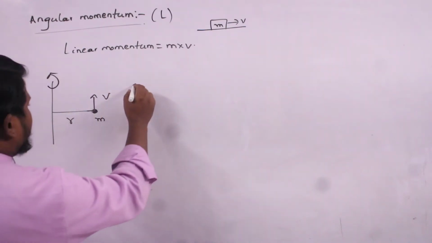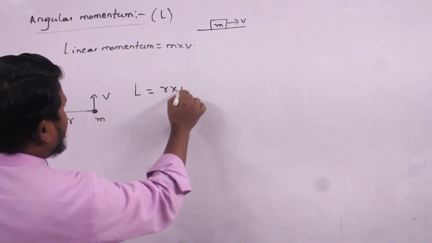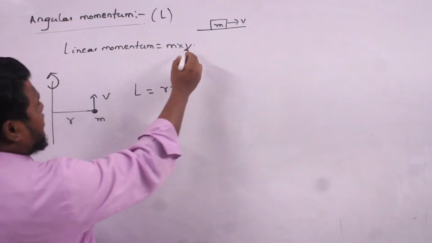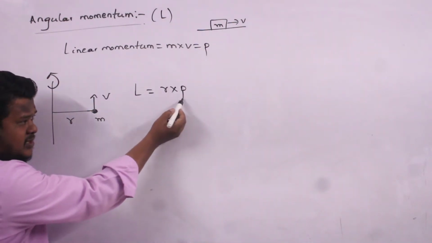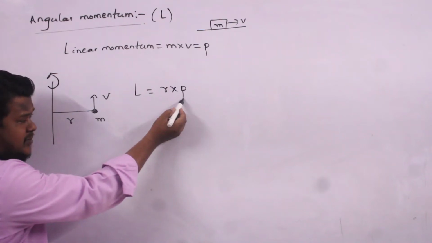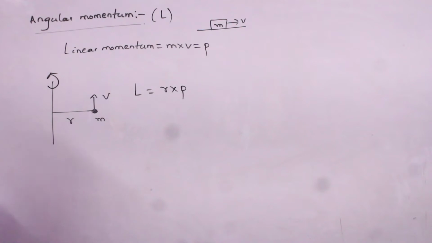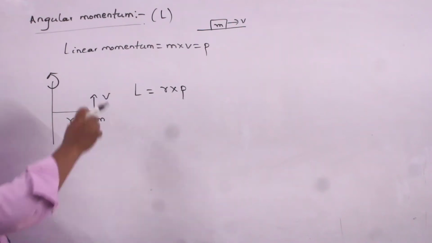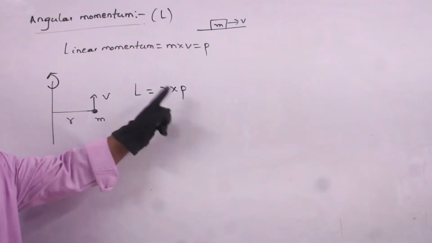So angular momentum can be written as R into P, where P is called linear momentum. So it means linear momentum multiplied by the perpendicular distance from the axis of rotation. That relation we call angular momentum. P is called what? Linear momentum.